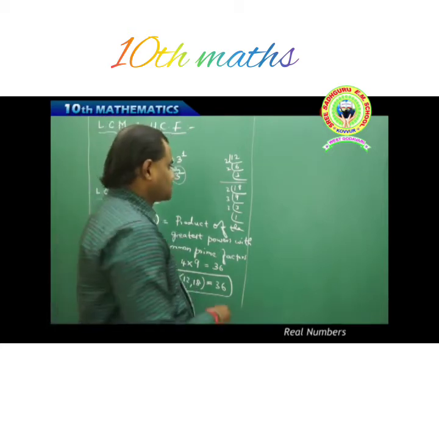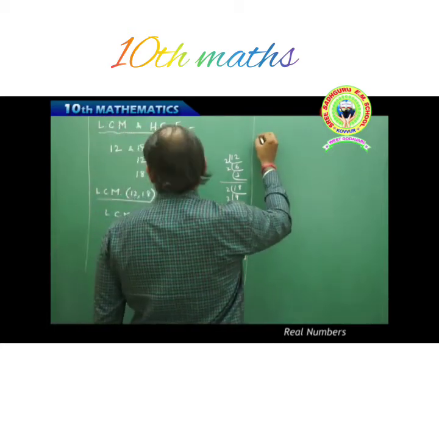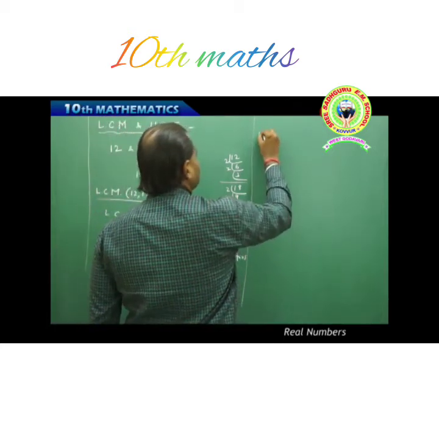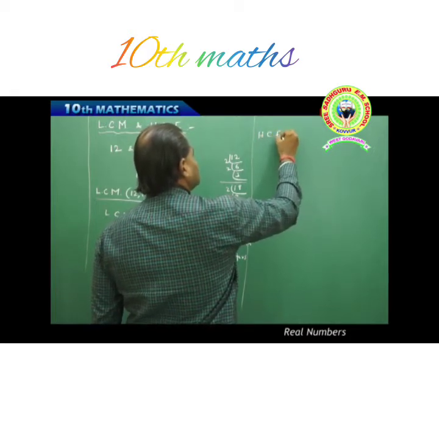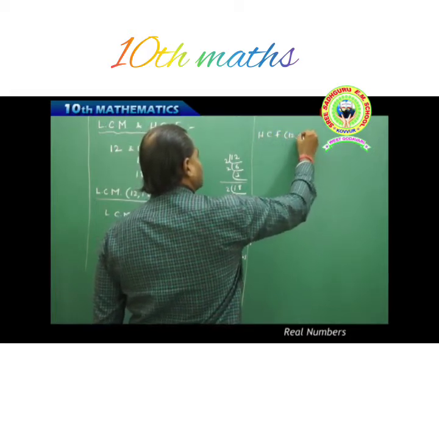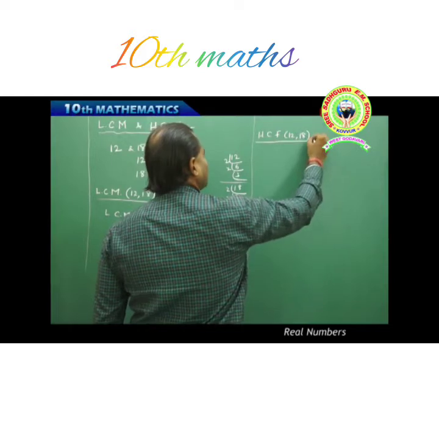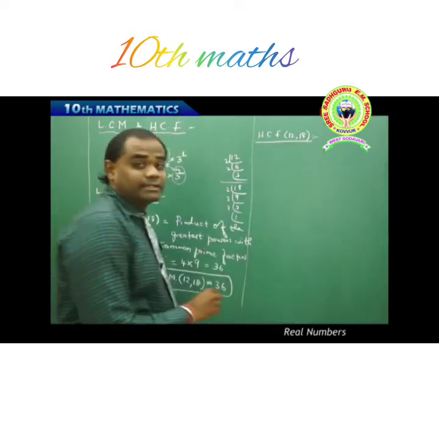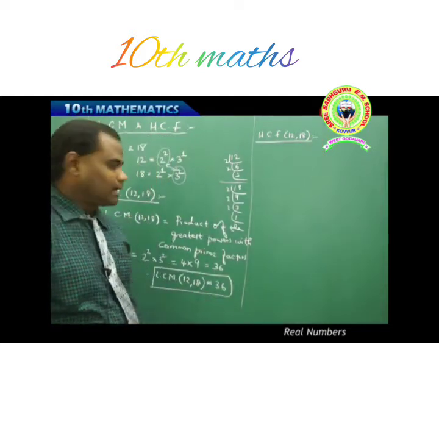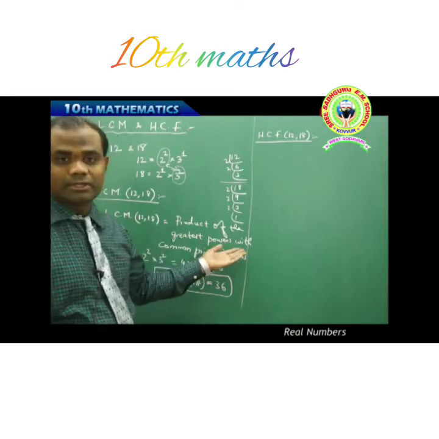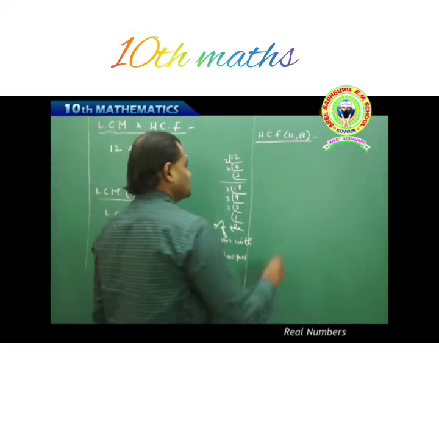So coming to the next, if I wanted to find the HCF of 12 and 18, the highest common factor, then I also have a formula similar to the one for the LCM of two numbers.